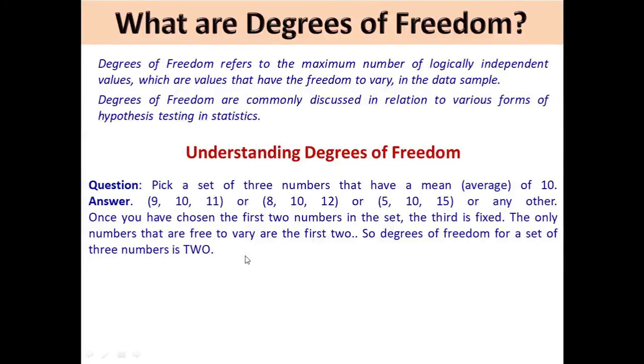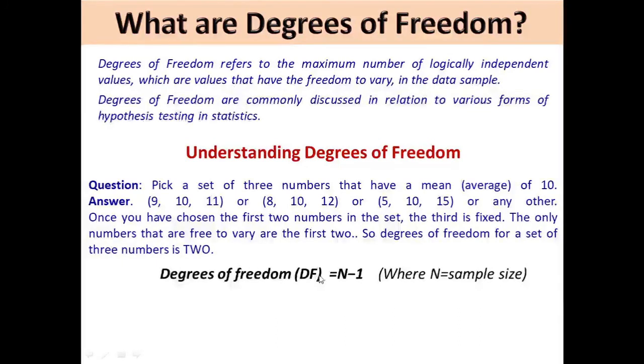So, for a set of 20 numbers, the degree of freedom will be 19, and for a set of 200, the degree of freedom will be 199. For a set of 1000 numbers, the degree of freedom will be 999 and so on. Or we can calculate degree of freedom as n minus 1, where n is the sample size.